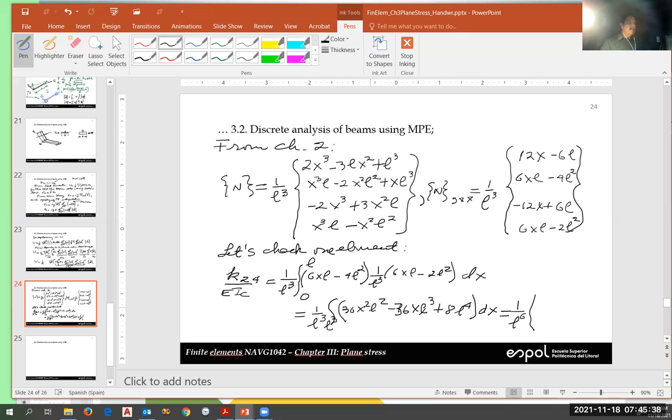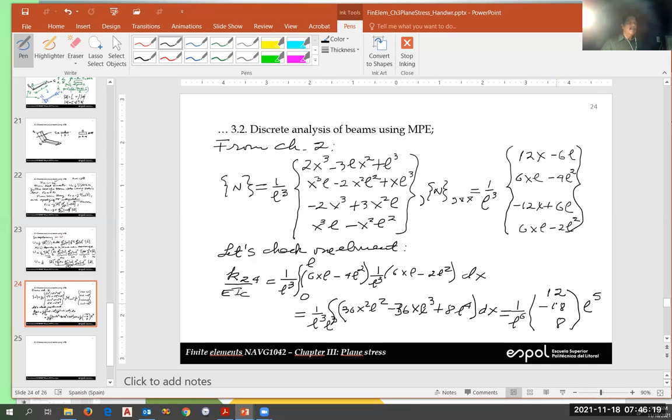So in this integration, x cubed gives 36 divided by 3, that's 12. This is minus 36 divided by 2, so that's minus 18. And this is 8. All of this is multiplied by L to the 4, L to the 5.